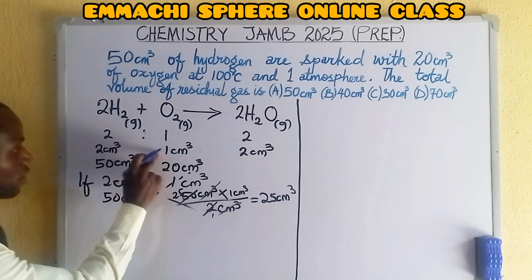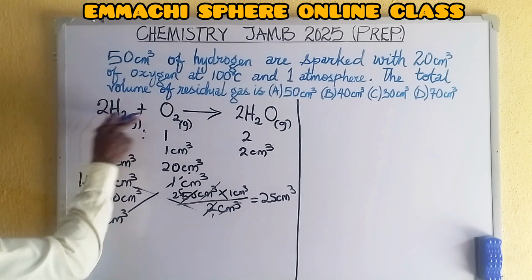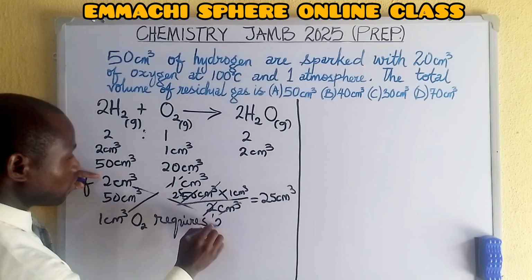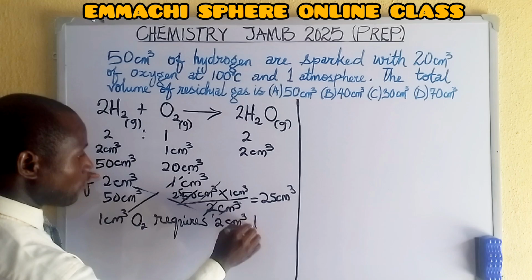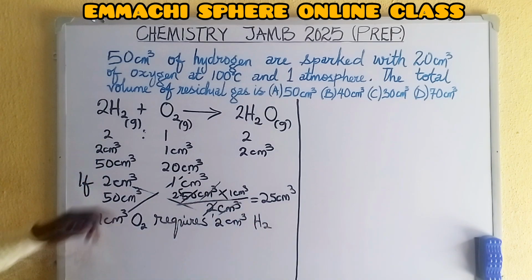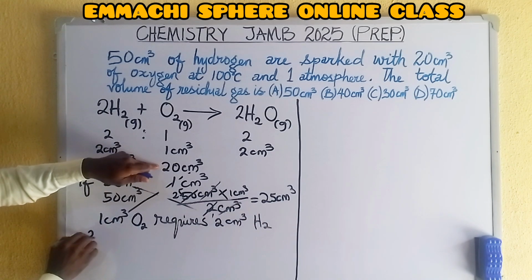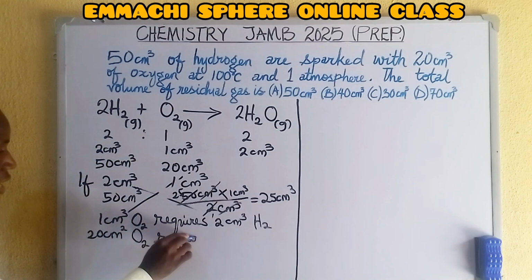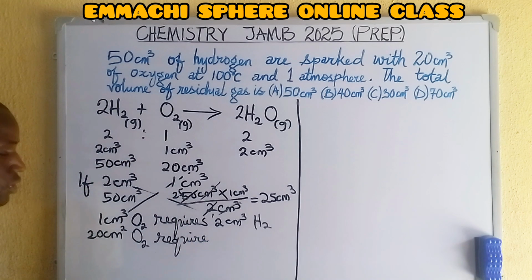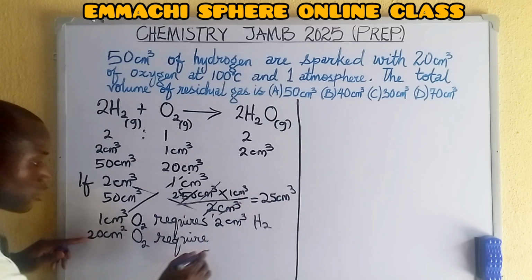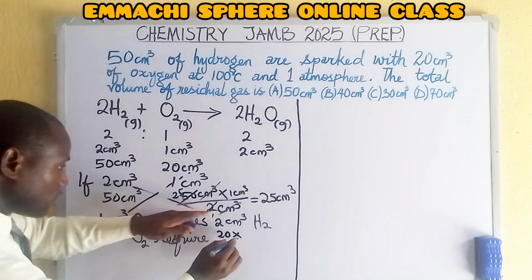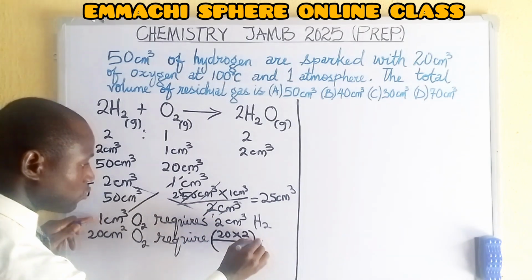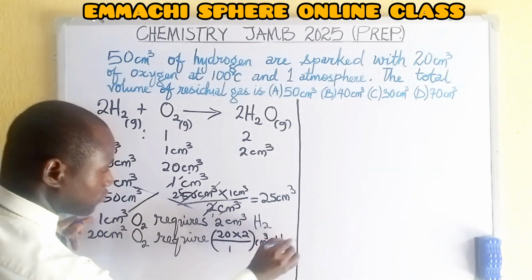Therefore, from this balanced chemical equation, we have 1 cm³ of oxygen gas to 2 cm³ of hydrogen gas. But what is actually given to us here is 20 cm³ of oxygen gas. And this will require how many cm³ of hydrogen gas? So we also cross multiply here, so it becomes 20 times 2 divided by 1, all in cm³ of hydrogen.